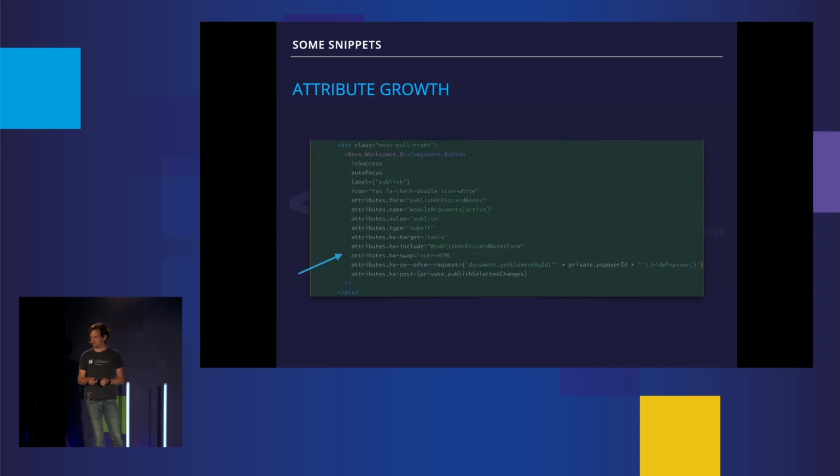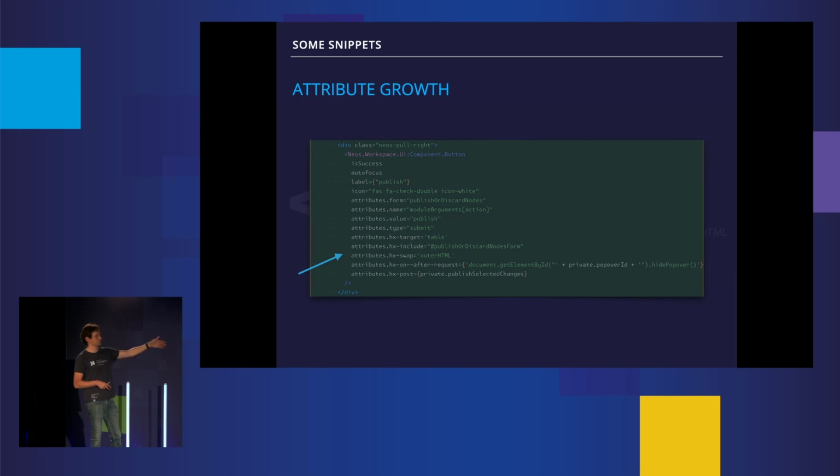The attributes can grow. That's something I don't like so much about it. There we have to still find some better way to do it, maybe. For example, you have a button that submits a form. First we tell it the name of the form, then the name of the action, then the value of the action, then we say we submit it, and then the target is that we later want to update the table after we submit it.